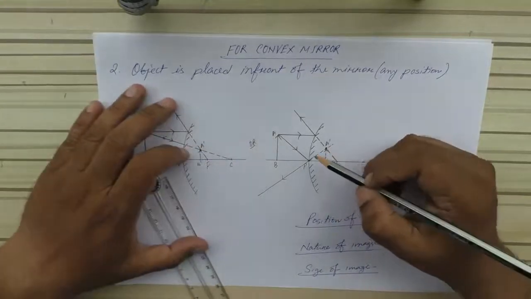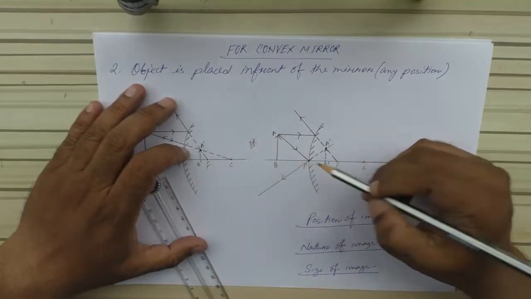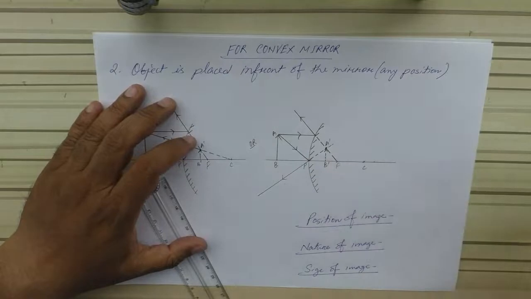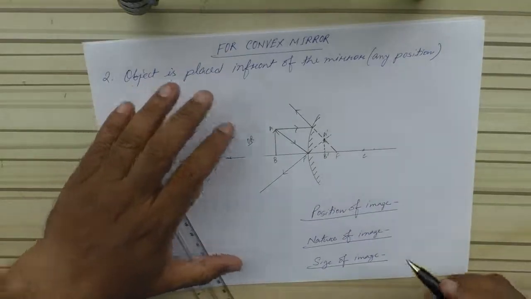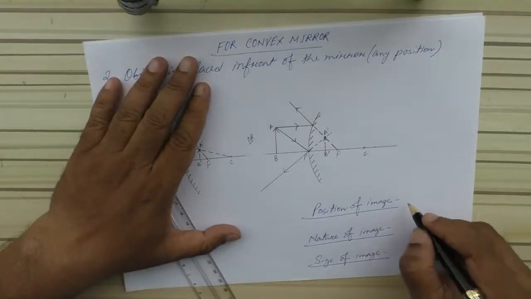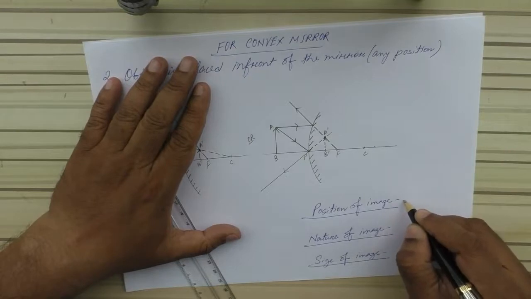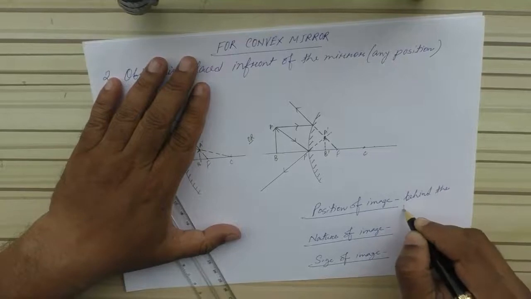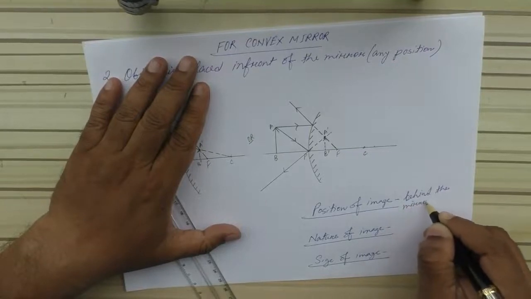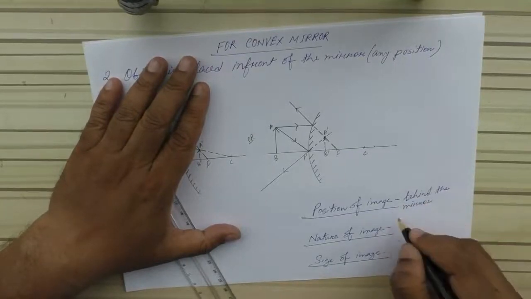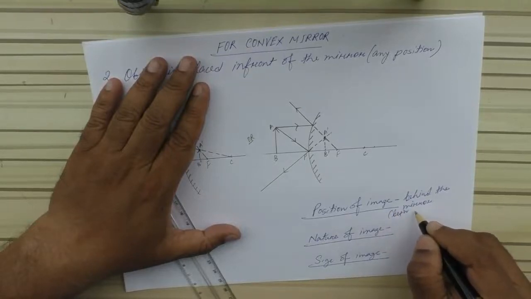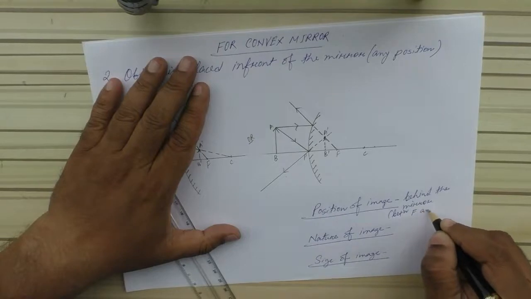So if object is placed in front of the mirror, image is formed behind the mirror. The size of the image is smaller compared to the size of object. So now the position of image, if you write, it is behind the mirror, more properly between focus and pole.